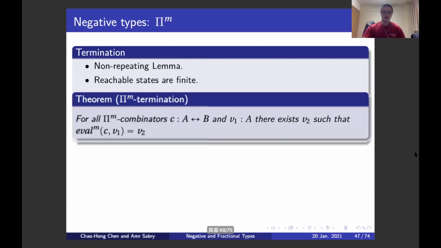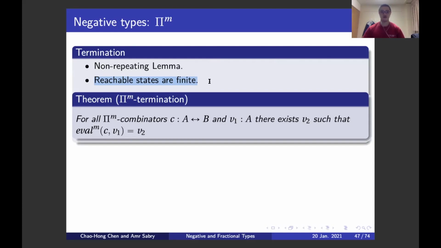Using this non-repeating lemma, and the fact that the reachable states are always finite in our semantics, because the combinators have finite size, and the contexts are just decompositions of the combinator so they also have only a finite number of possibilities, and since we only have finite types, the value part is also finite.